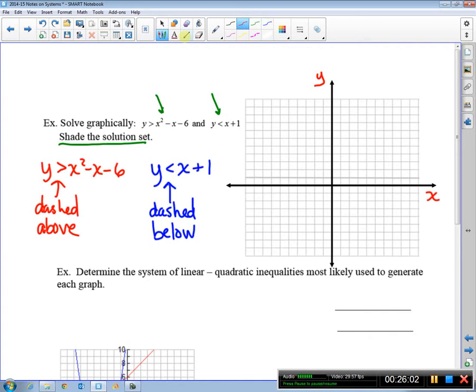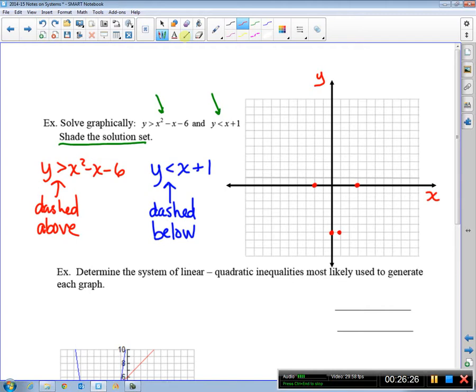So I'll do the parabola in red. I can figure out a couple nice points here. Put it in your calculator. I've already done mine. 0, -6. 1, -6.